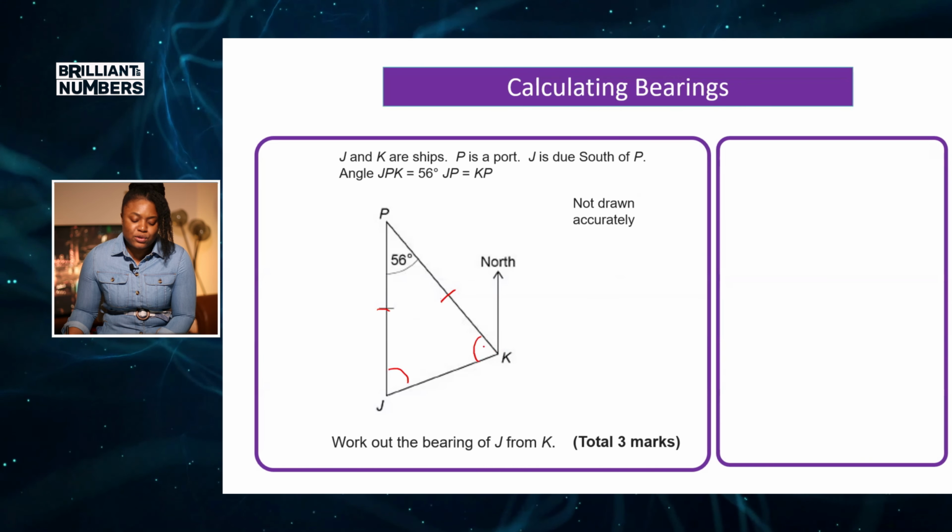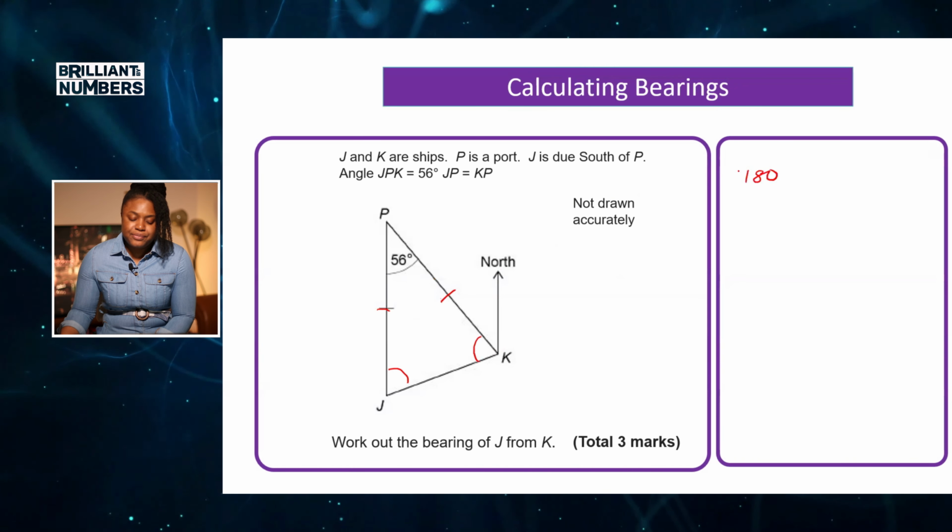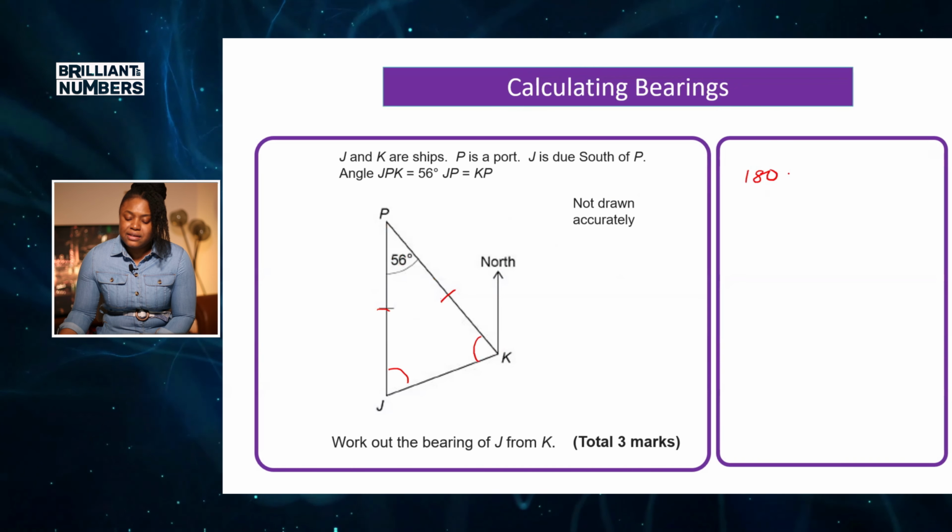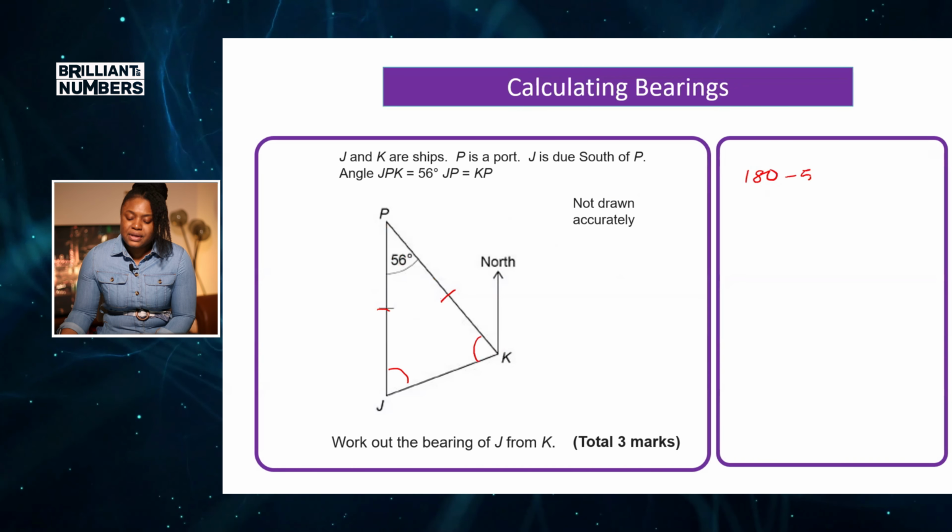So I'm going to do 180, take away the 56 in the triangle, and if I divide that by 2, that will get me one of the angles in the triangle. So we're going to do 180, take away 56, and then divide that answer by 2, and we get 62 degrees.